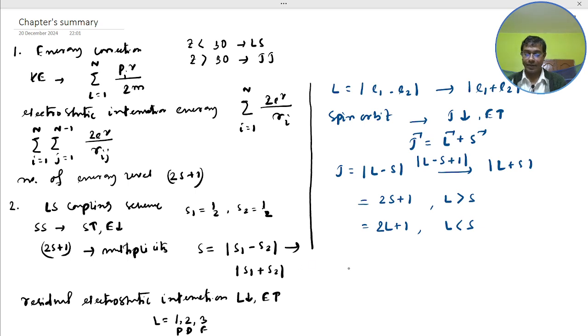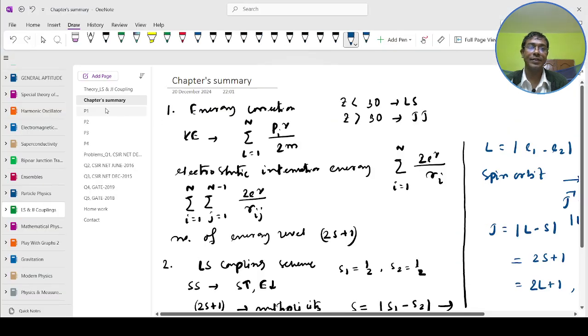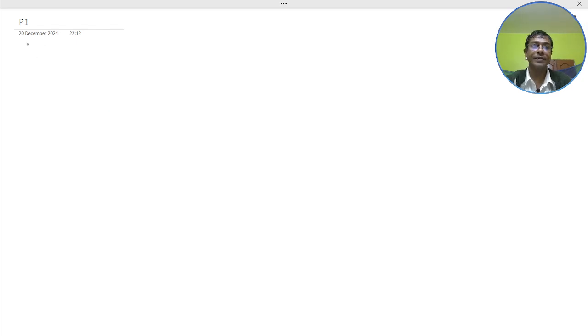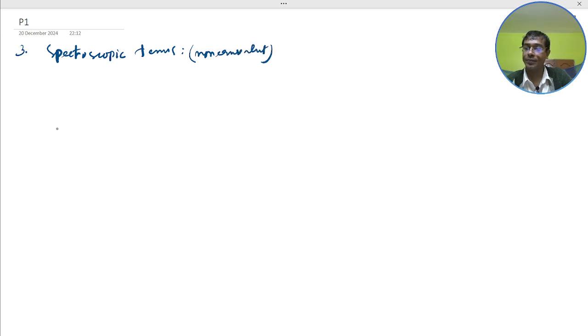And the third one is the spectroscopic terms, basically first for the non-equivalent electrons.